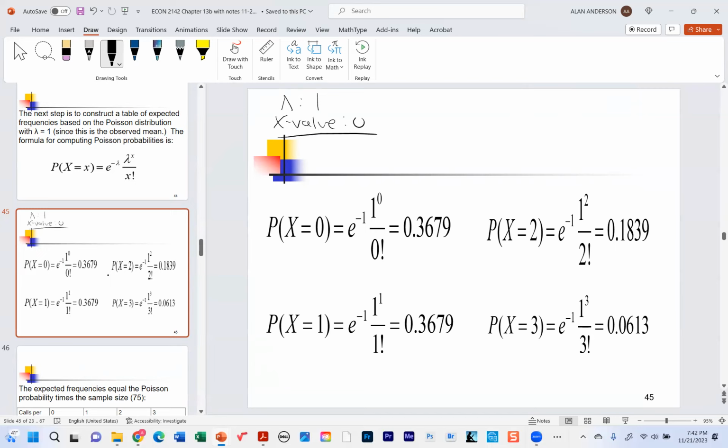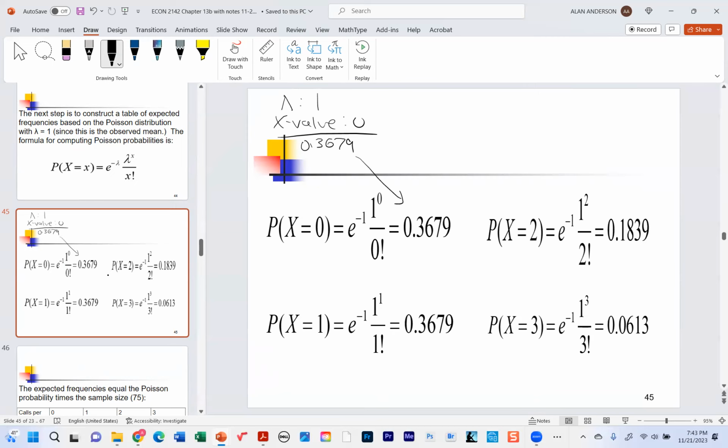Okay, so assuming you're in Poisson PDF, if you go down there and ask for Poisson PDF and you tell it that lambda is 1 and the x value is 0, you'll get approximately 0.3679. That's this one.